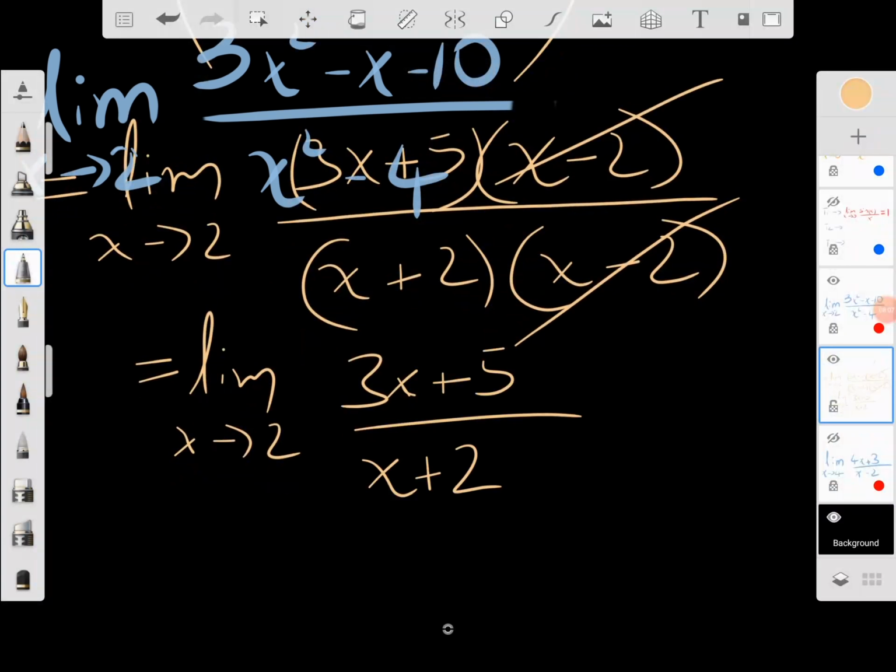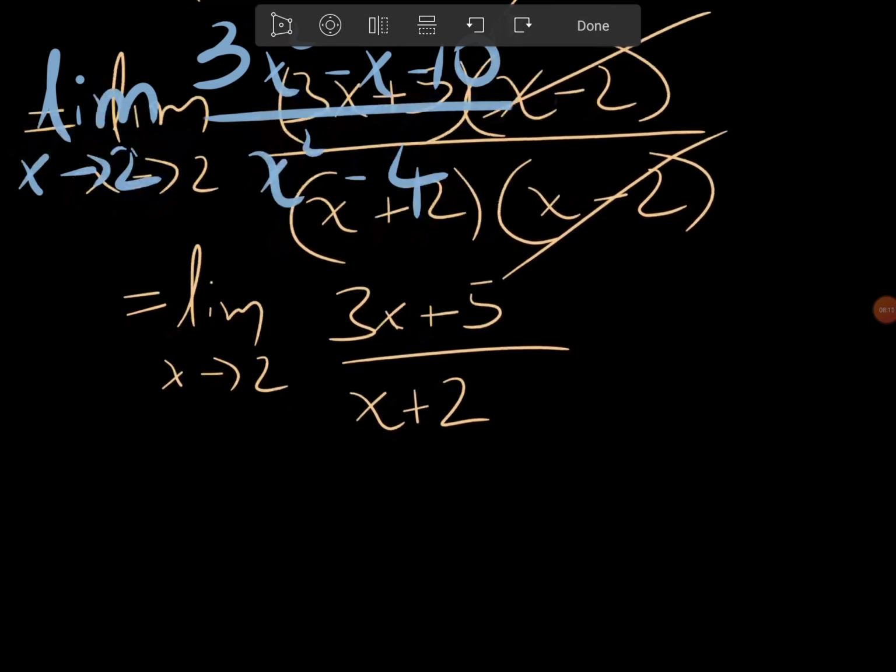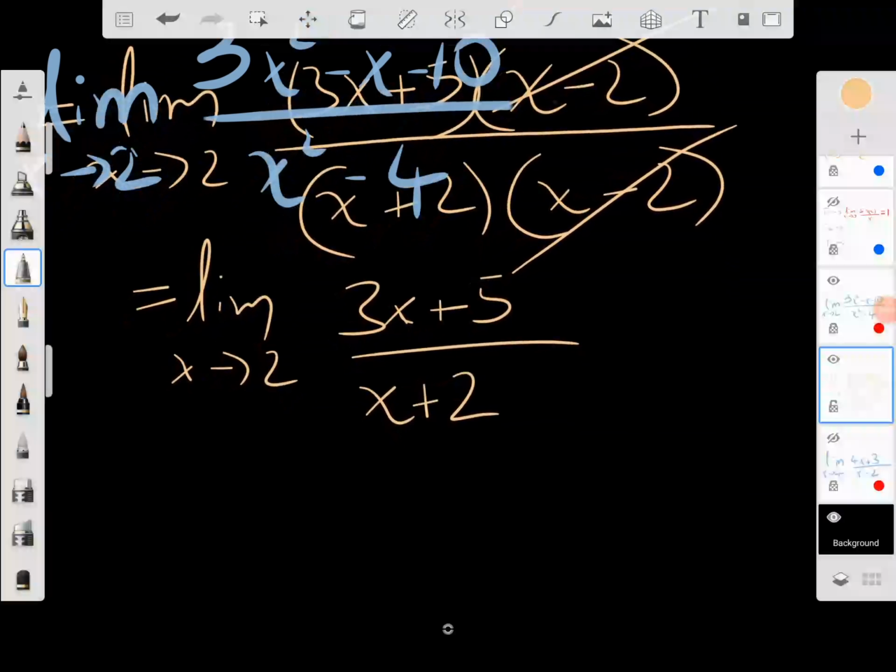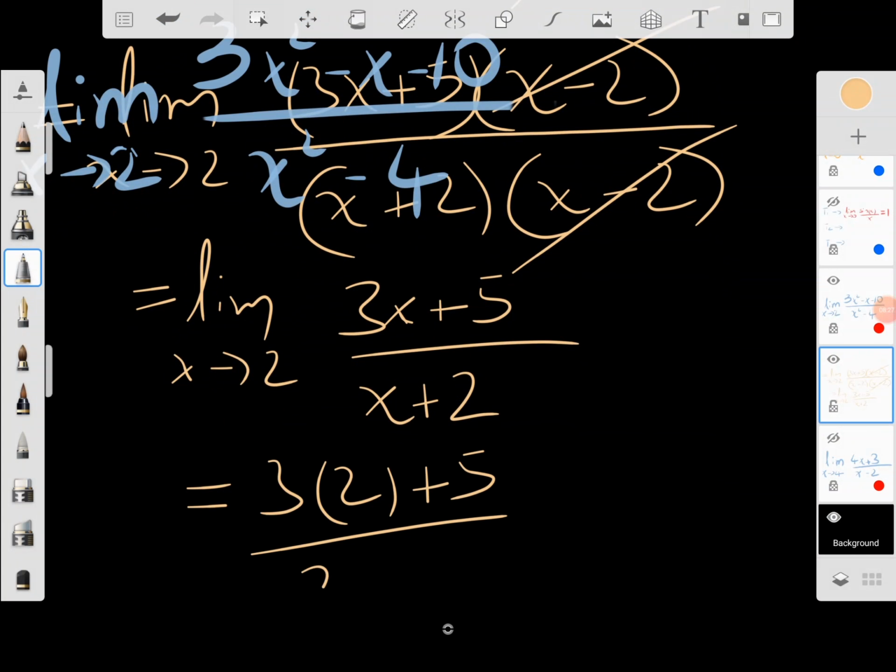Now, using our shortcut method, by the way, don't write it anywhere as shortcut method, because it is not an official name. It is a name that I call it. So using that, you don't have to write limit now because we are substituting the value. So 3 into 2 plus 5, x is 2, so 2 plus 2, it will be 6 plus 5, that is 11, divided by 4.